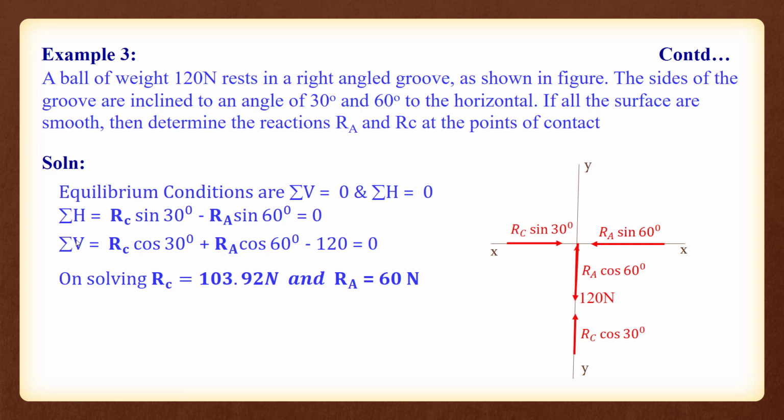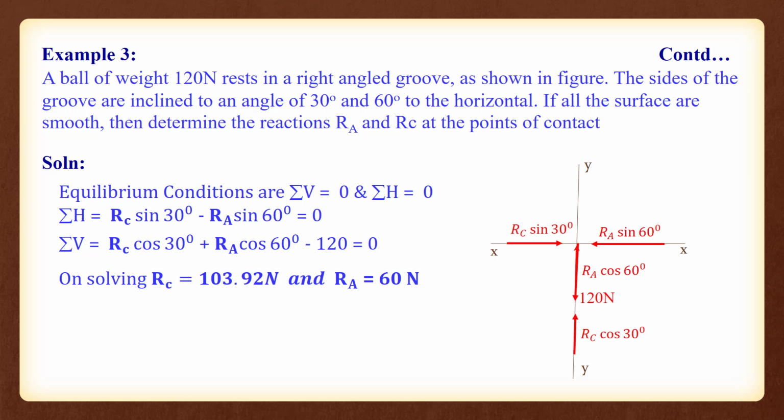Then we will write sigma V equal to 0. What does that mean? Algebraic sum of all the vertical forces will be equal to 0. Now we have three forces acting in the vertical direction. Two forces are acting in the upward direction and one force is acting in the downward direction. So here also we will apply the sign convention.